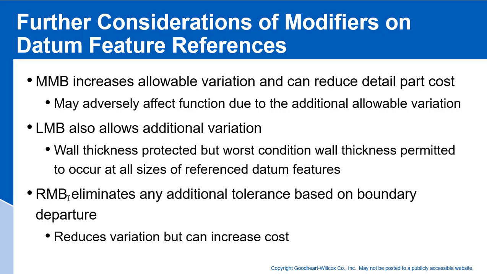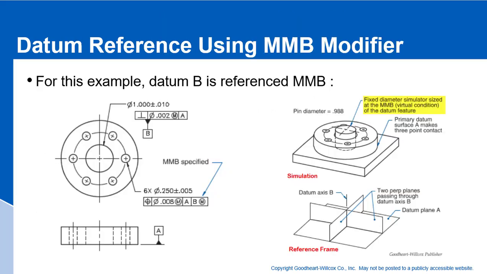The regardless of material boundary eliminates any additional tolerance based on boundary departures. It reduces variations, but it can increase cost and complexity. When I was talking about this example, where we had this part using an MMB modifier, we managed to put our simulator out there with this plug made to the virtual condition of the axis.